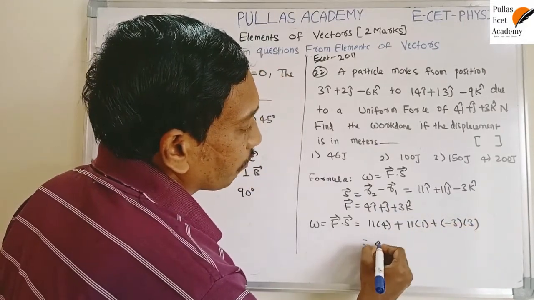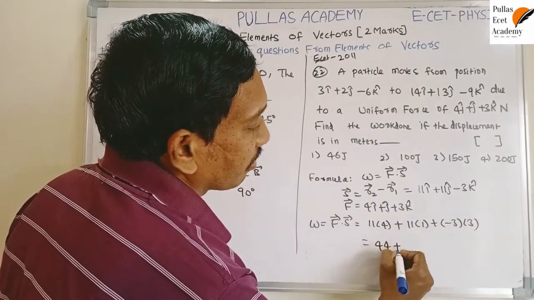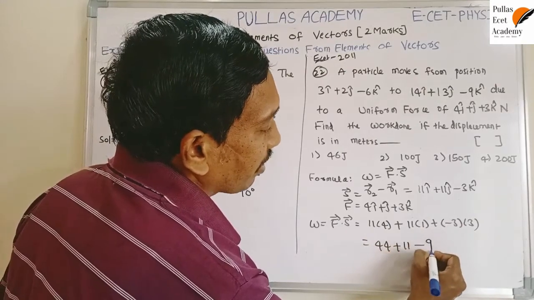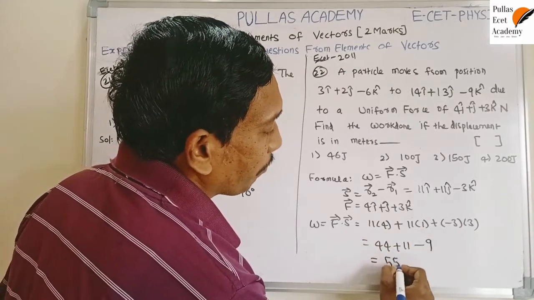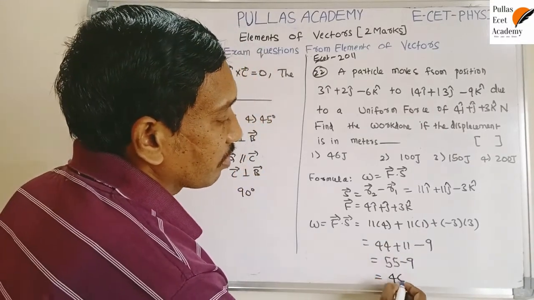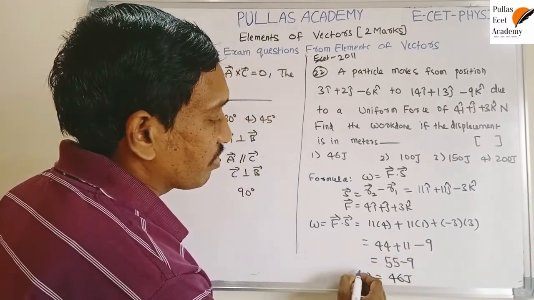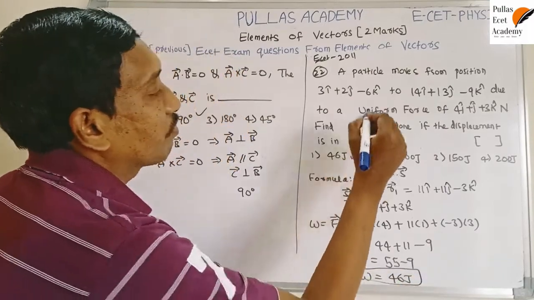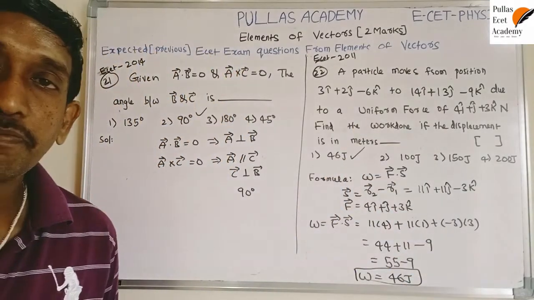So 44 plus 11 minus 9. That means 55 minus 9. 55 minus 9 is what? 46. The unit of work done is joules. So which is correct here? 46 joules is the correct answer.